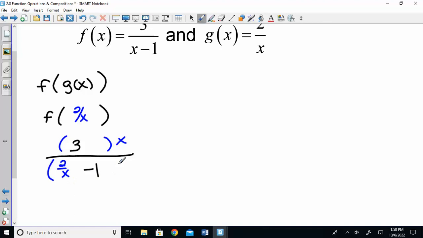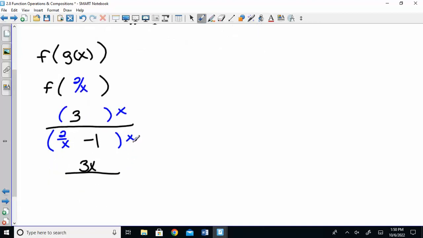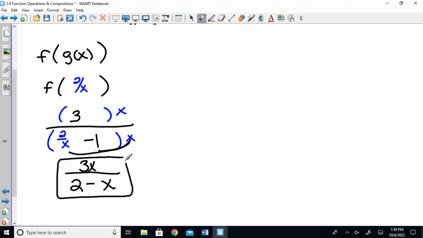So I'm just going to take everything times x. So if I do that, the top just becomes 3x. The bottom, 2 divided by x times x, would just be 2. Minus 1 times x is x. So I get this.